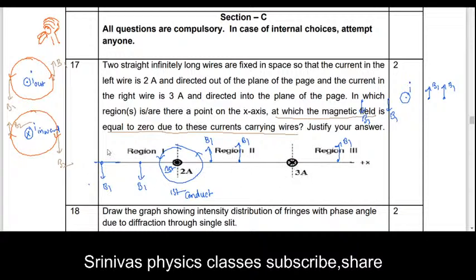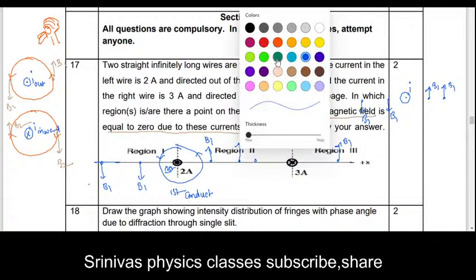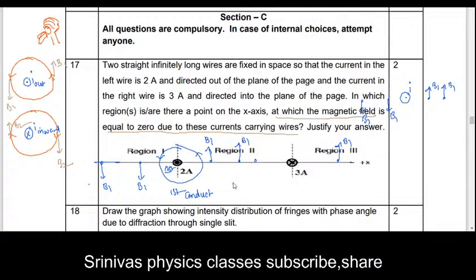And due to the second conductor, left side upward, B2. B2 upward here, and here also B2 upward.